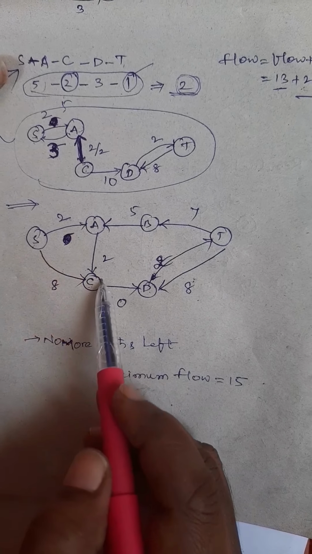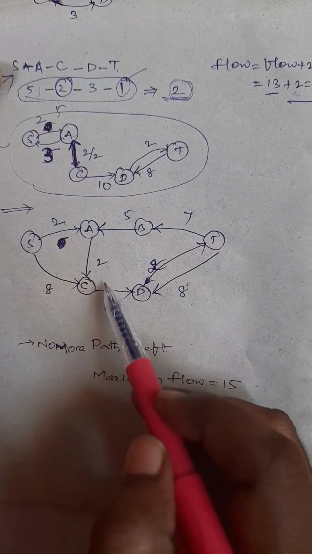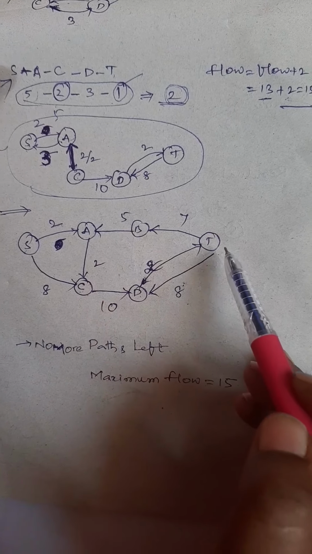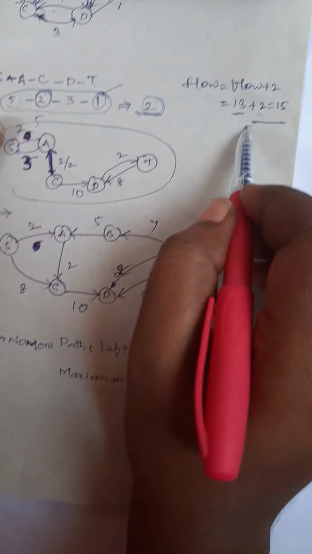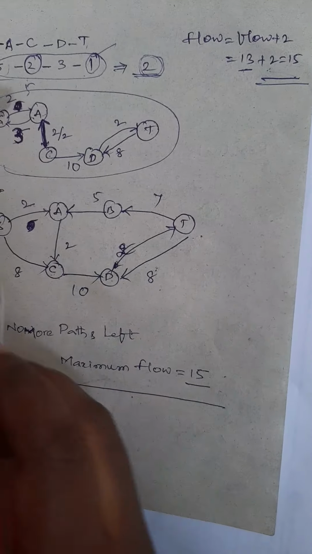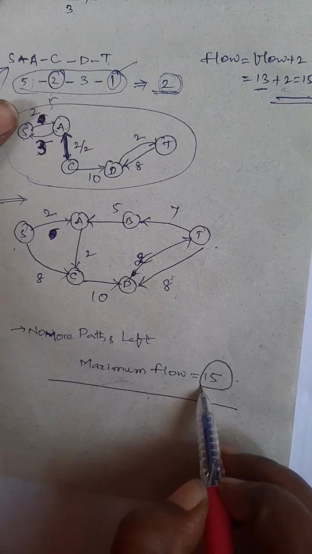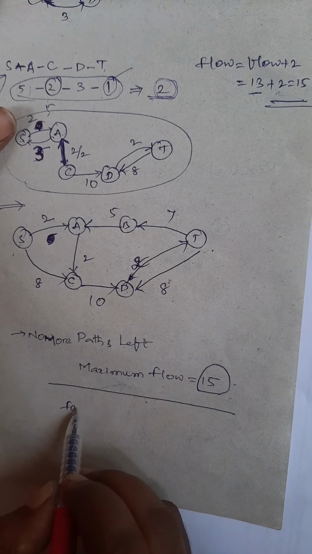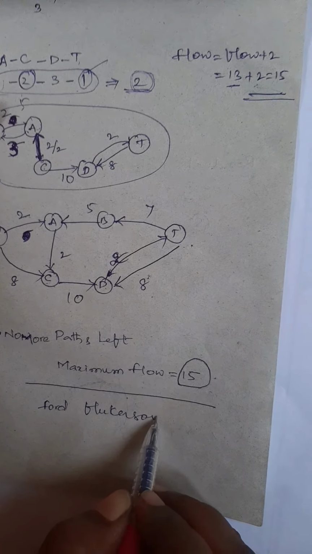So once you check, is there any other path, is there any other alternative to reach the target place? So no more paths. As of now we got the flow value is 15. So maximum flow to reach from source to the destination, the value is 15. So this is the Ford-Fulkerson algorithm. Thank you.